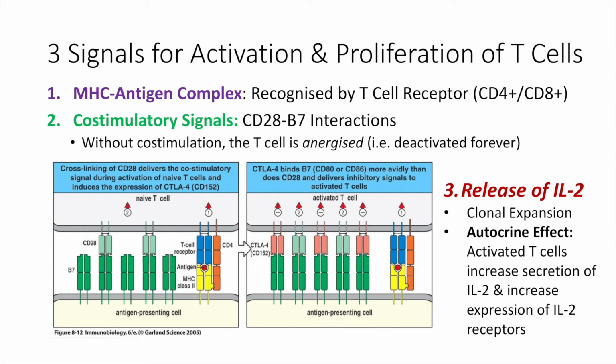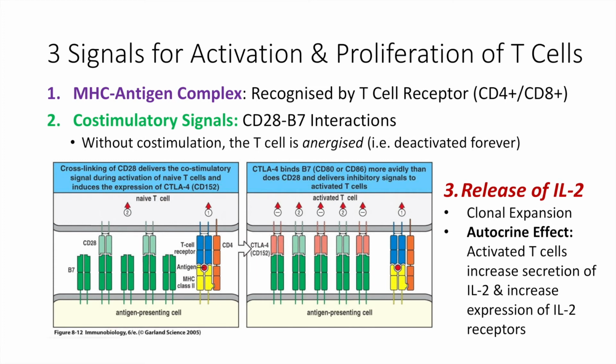This is why clonal expansion is required. And it is this release of interleukin-2 and the increased expression of interleukin-2 receptors on the activated T cell that facilitates this clonal expansion, because interleukin-2 is an important co-stimulator that proliferates the T cell.